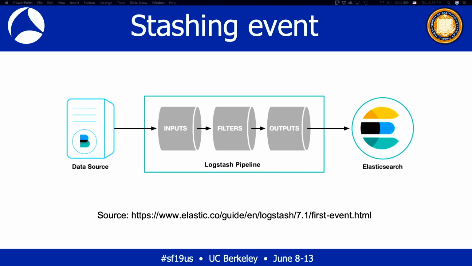This is what it looks like from our stashing event. I took this picture from the Elasticsearch website, elastic.co. There are three elements in Logstash: inputs, filters, and outputs.